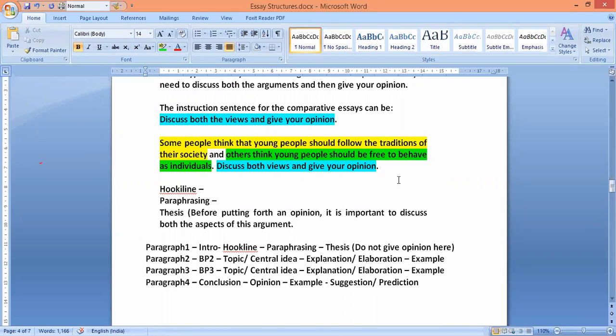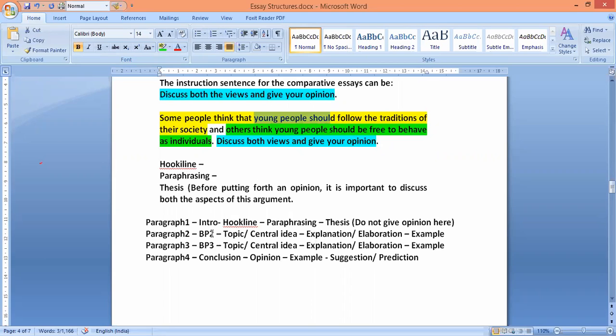For example, if I support that young people should follow the tradition of the society, should it be mentioned in BP1 or BP2?